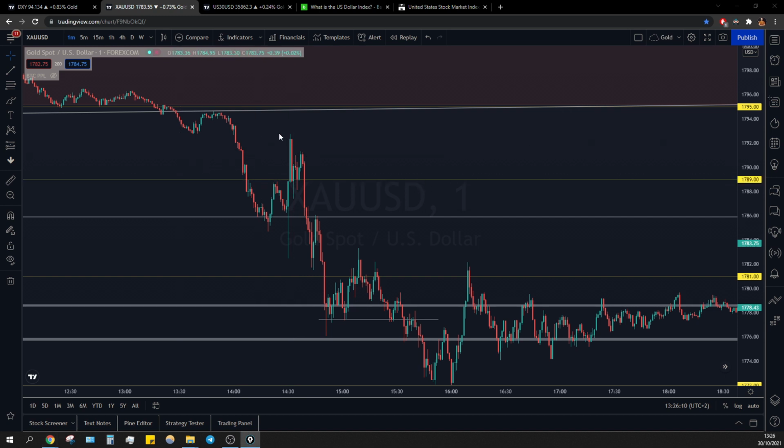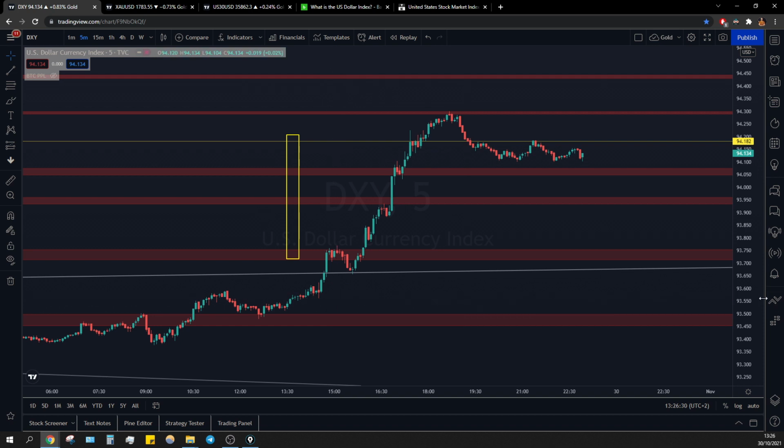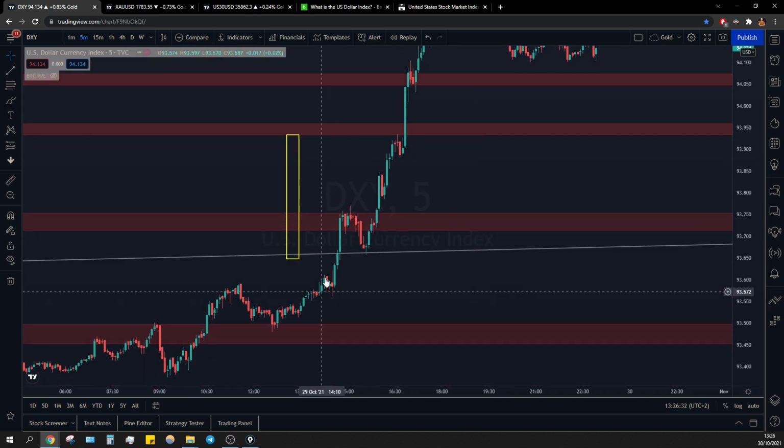But remember that gold is not a currency, it is a precious metal. This is the same 5-minute candle here on the dollar. It is a much clearer bullish candle, engulfing the previous one, closing above.